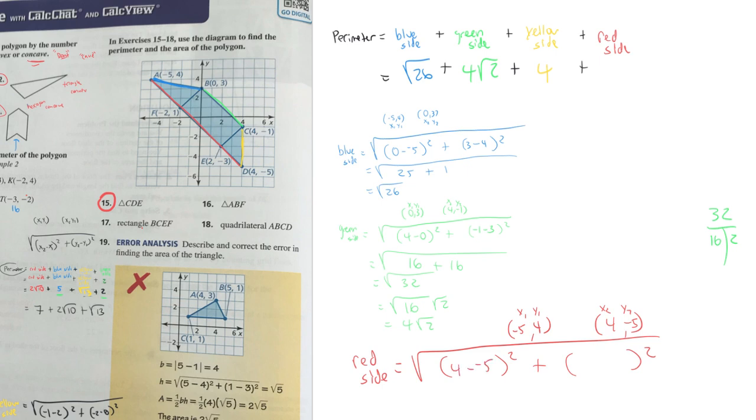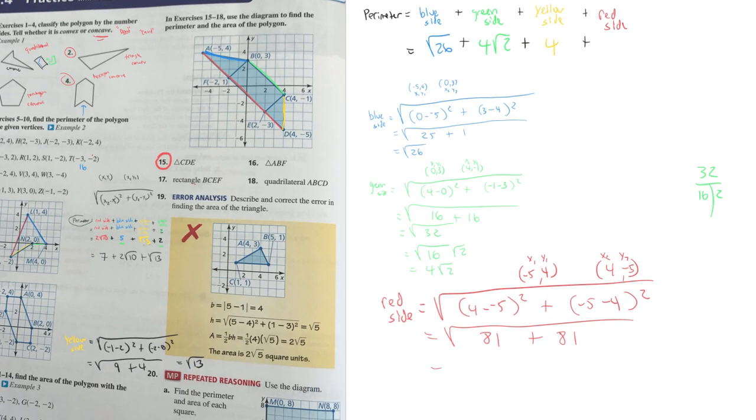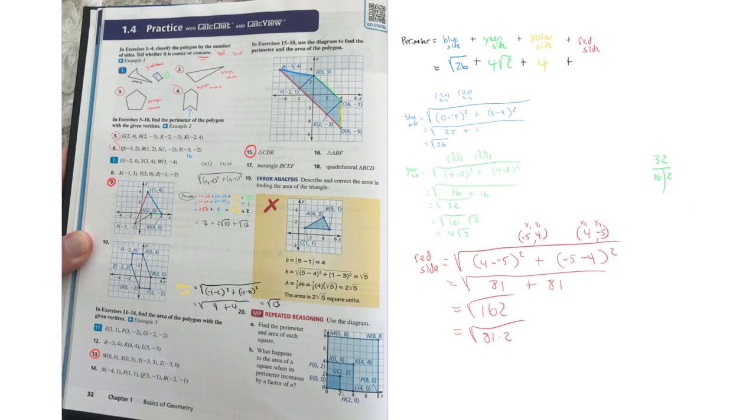Y2 minus y1 is -5 minus 4. We are then looking at 9 squared, which is 81, plus negative 9 squared, which is 81. Now, that's going to give us 162. To simplify that, we would recognize that that's really just 81 times 2. And therefore, we are looking at radical 81 times radical 2, and we're looking at 9 radical 2. So that's going to be the red side.